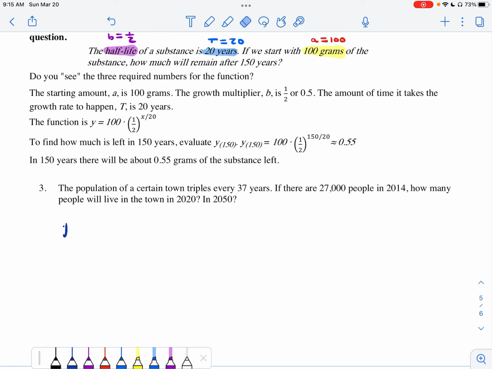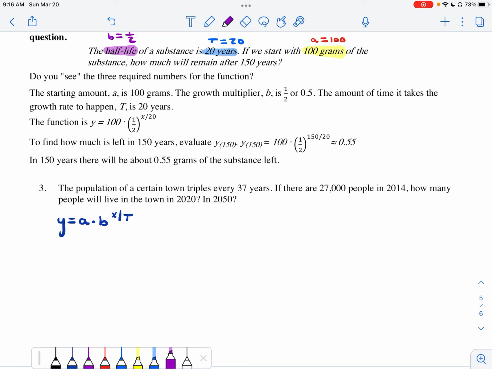Remember, our equation is y equals a times b to the power of x over t. A is our starting value, b is our growth rate, and t is the amount of time it takes to grow by that rate.